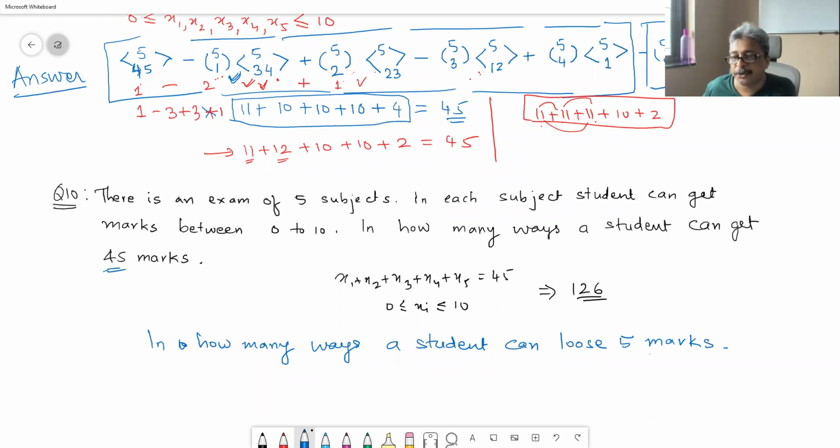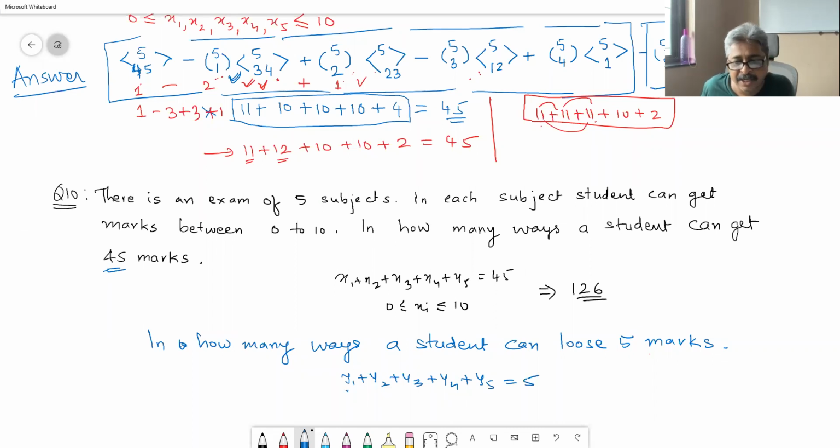That means he is losing 5 marks. Otherwise, he would have got 50 out of 50, all 5 subjects, topmost. So, in how many ways can a student lose 5 marks? Then it is y1 plus y2 plus y3 plus y4 plus y5 is equal to 5.